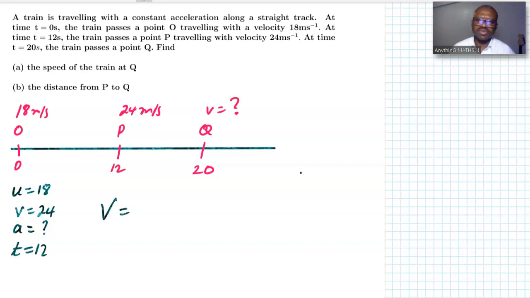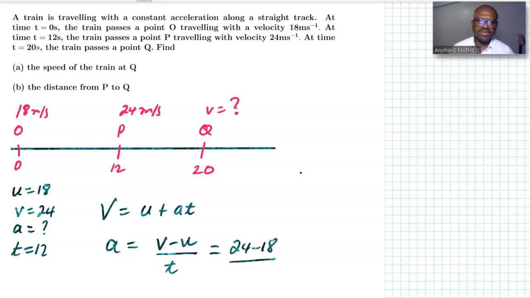V is equal to U plus AT. Because we want to find A, we make A the subject. So we get A equals V minus U, all divided by T. Make the substitution: 24 minus 18 all over 12.